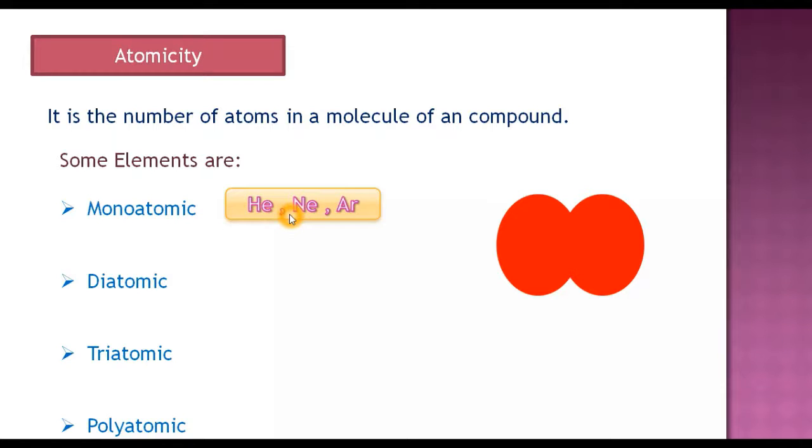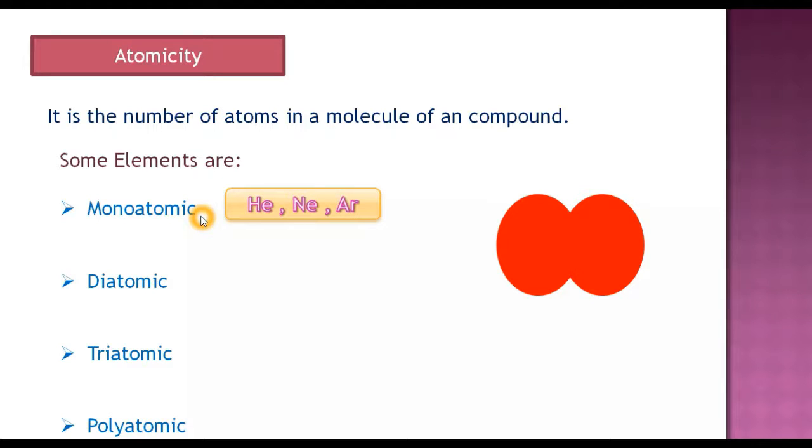So basically in noble gases, in monoatomic, only one atom is present. So here we have only one atom of helium. This is one atom of neon and this is one atom of carbon. So these are termed monoatomic.